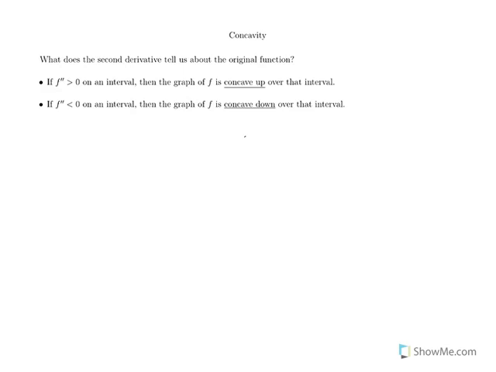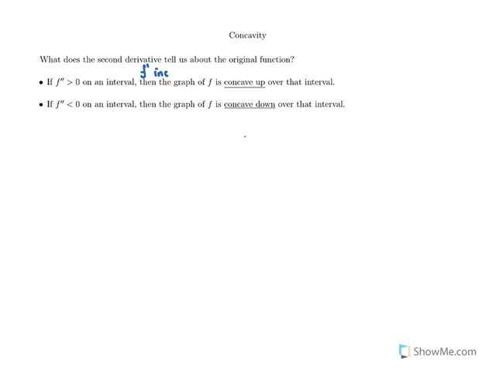So this leads us to the idea of concavity, right? And this is what the second derivative is going to tell us about the original function. So let's just say what this is, and then we'll talk about what concave up and concave down actually represent. If f double prime is positive, we know that the first derivative is increasing, and that's going to tell us that f is concave up on that interval.